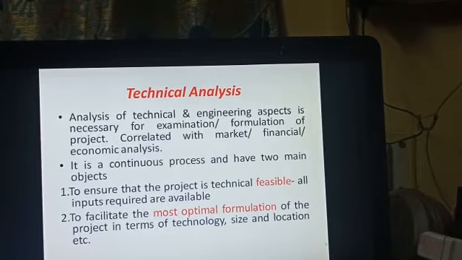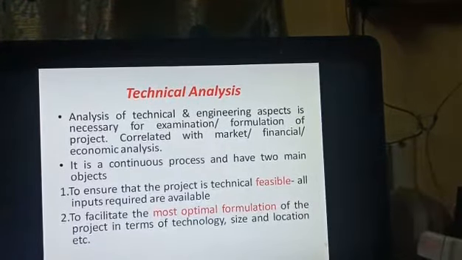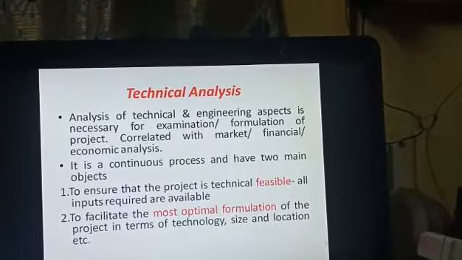So first of all, analysis of technical and engineering aspects is necessary for examination and formulation of a project. It is correlated with market, financial and economic analysis also. Technical analysis is a continuous process and has two main objectives.